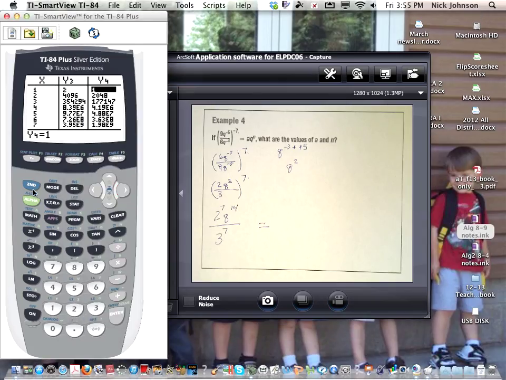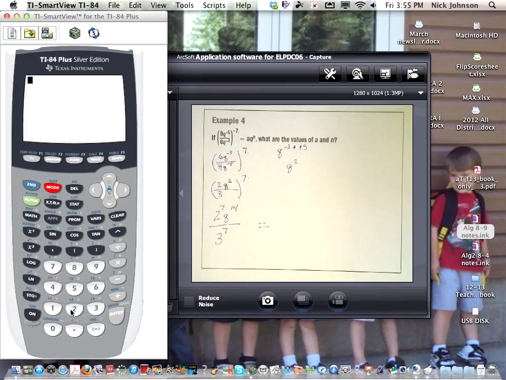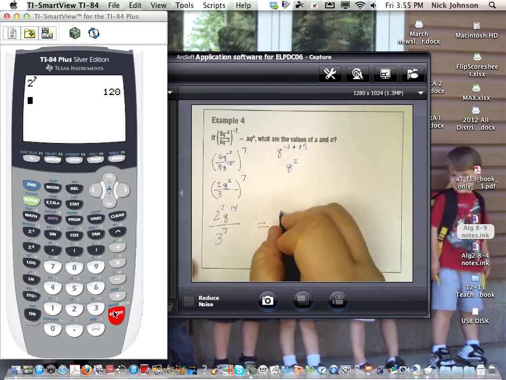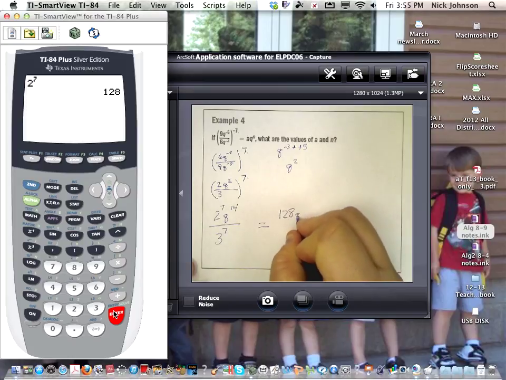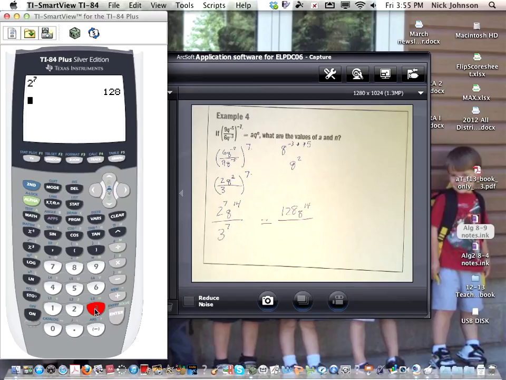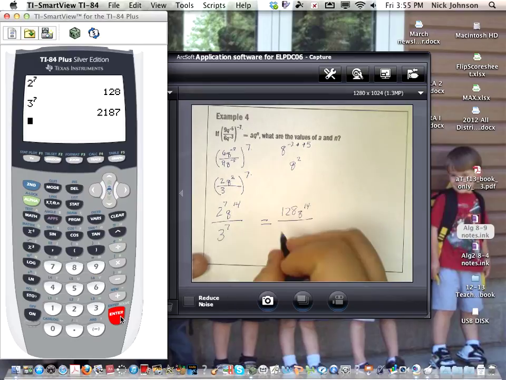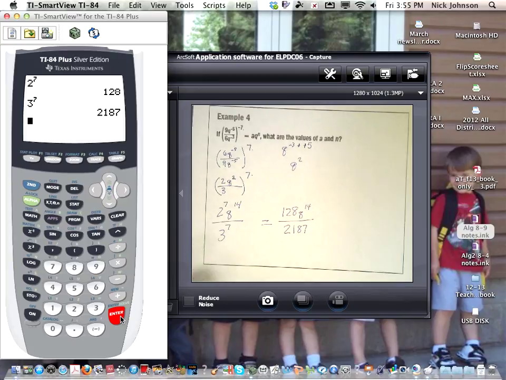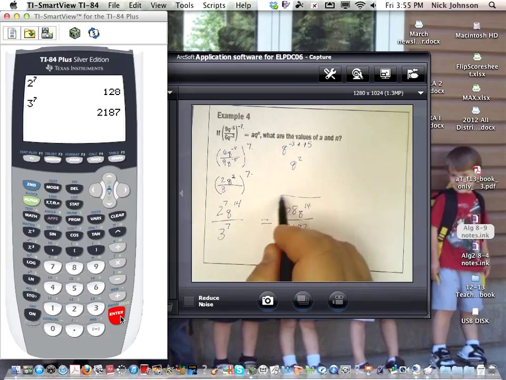Well, what is 2 to the 7th? 2 to the 7th in this case is 128. And 3 to the 7th is 2,187.